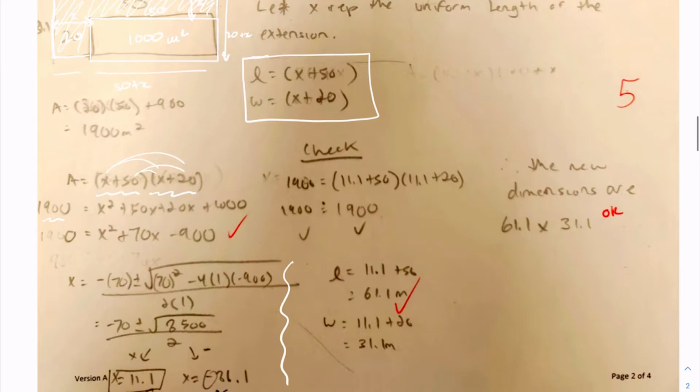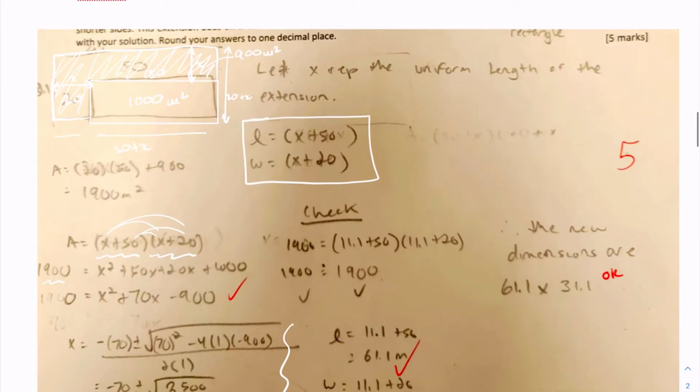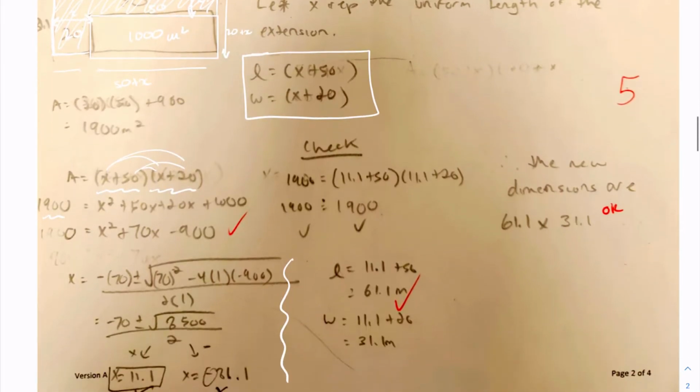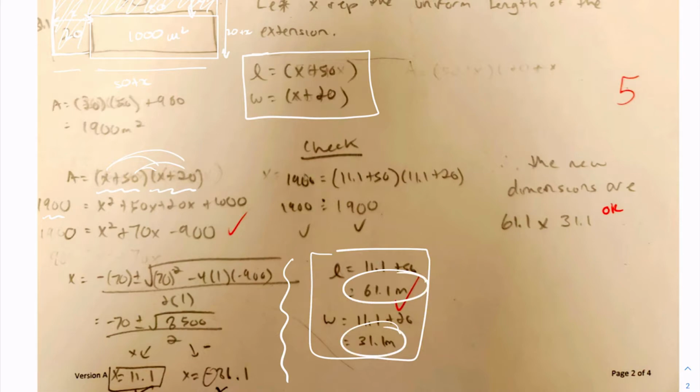The new rectangle is just whatever the original ones were, plus the 11.1, and that's what she has over here. So your final dimensions are 61 and 31.1, which is, as a concluding statement, this over here.